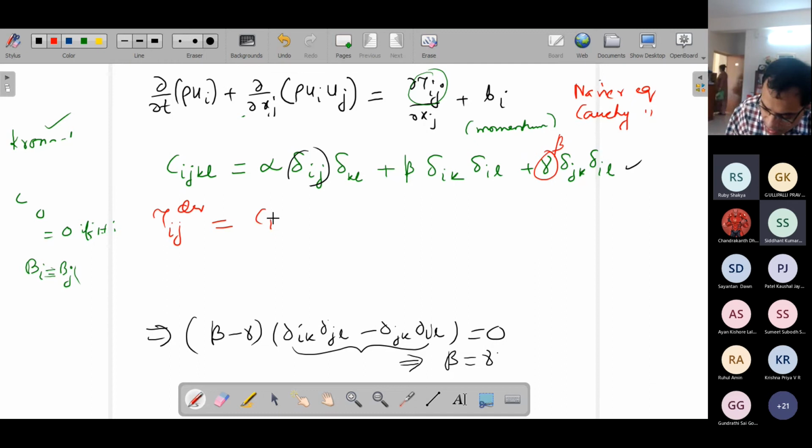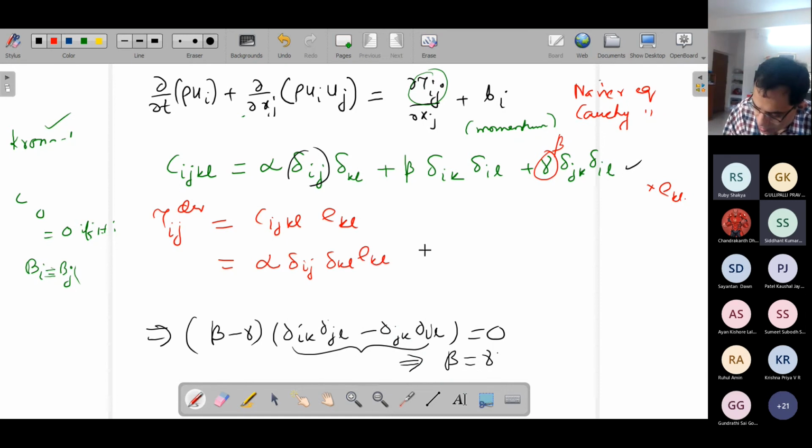This is C ijkl into EKL. So this entire thing multiplied by EKL. So what is that? So alpha into delta ij into delta KL into EKL plus beta delta IK delta JL EKL plus beta delta JK delta IL EKL.